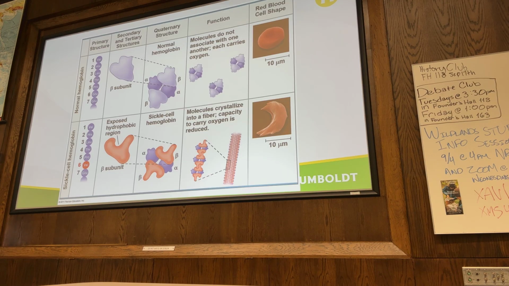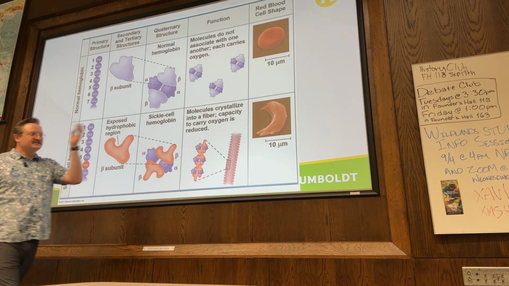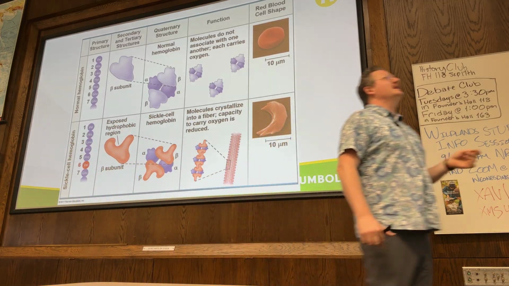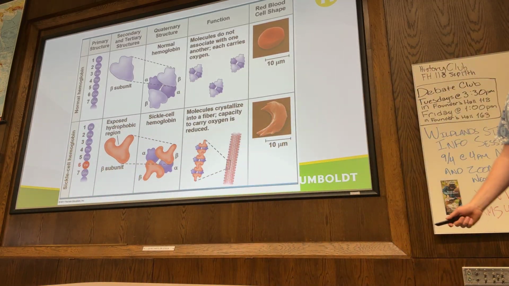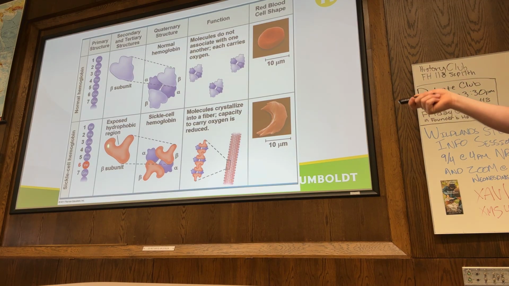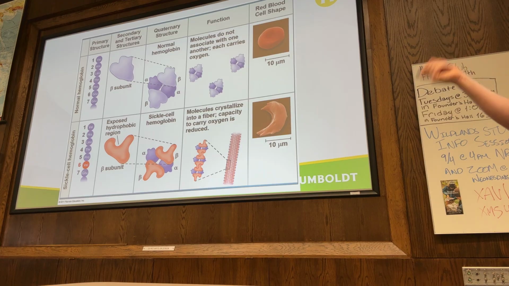Okay, folks, let's look here at how structure affects form and function, with the example of sickle cells leading to sickle cell anemia. There's a specific genetic sequence that encodes the beta subunit of hemoglobin.